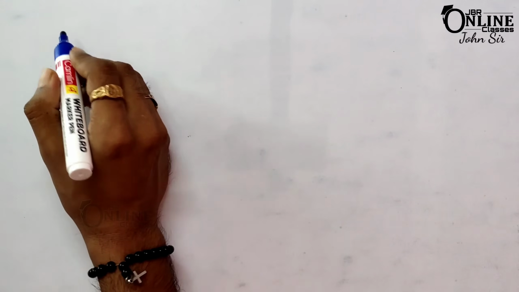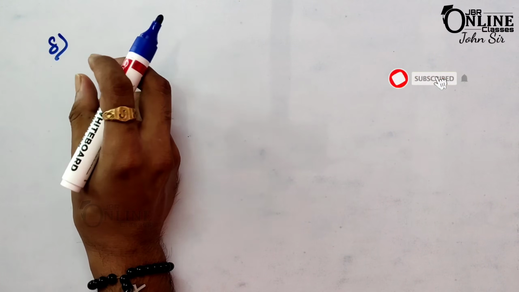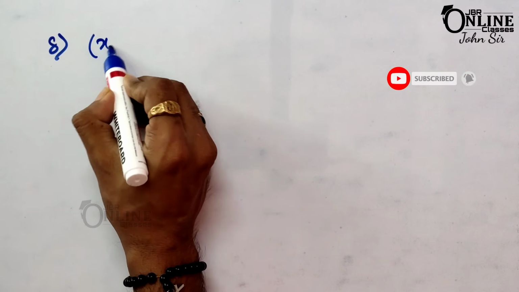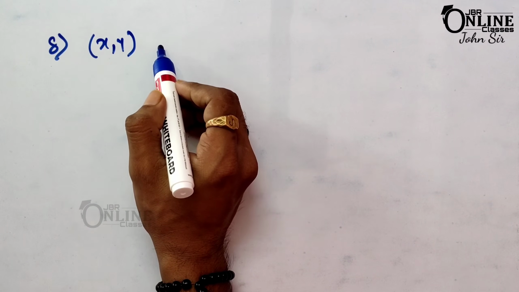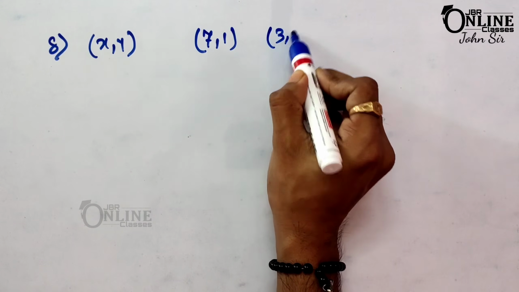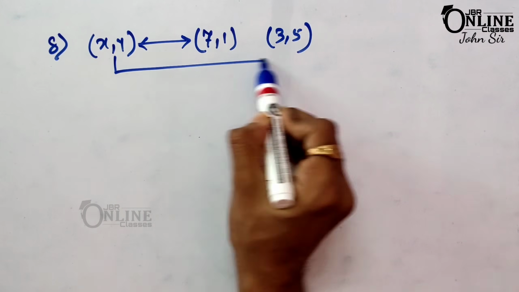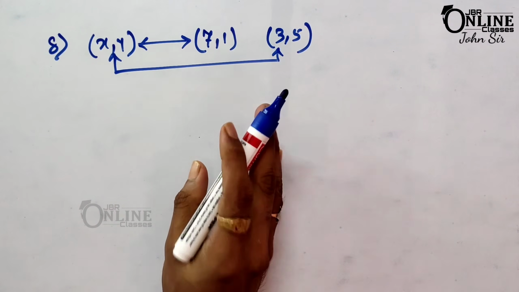Now sum number 7 is a similar kind of problem. So let's move on to sum number 8. In sum number 8, find the relation between x and y such that the point x, y is equidistant from the point 7, 1 and also 3, 5. That means the distance between these 2 points and these 2 points will be equal.